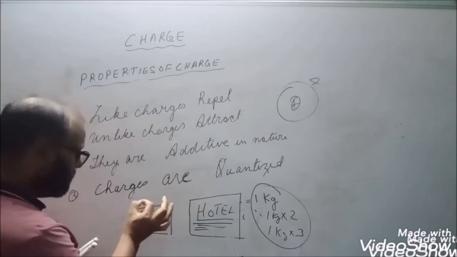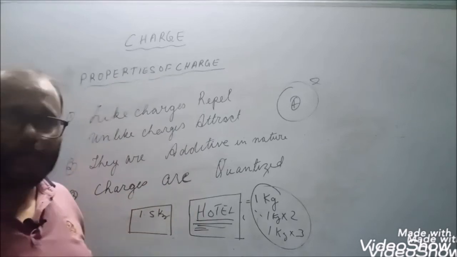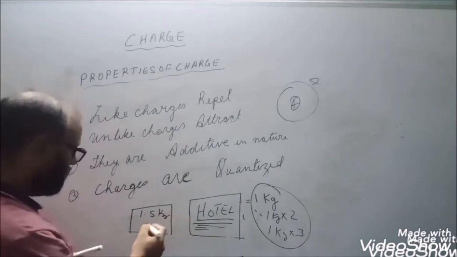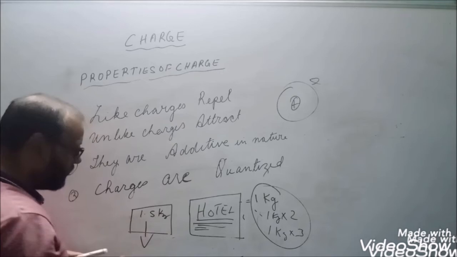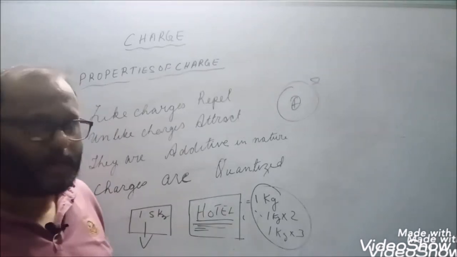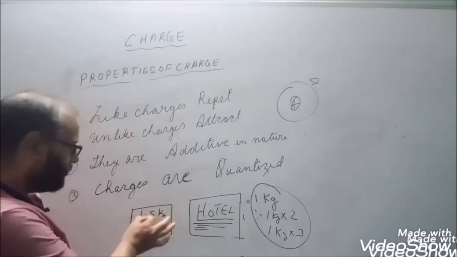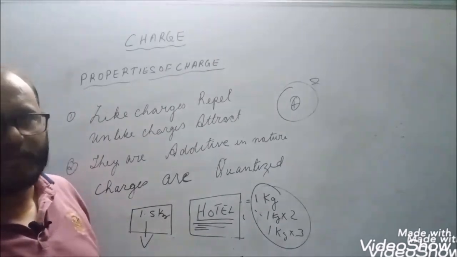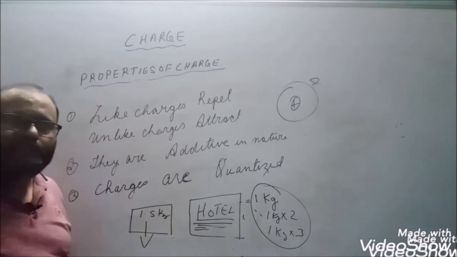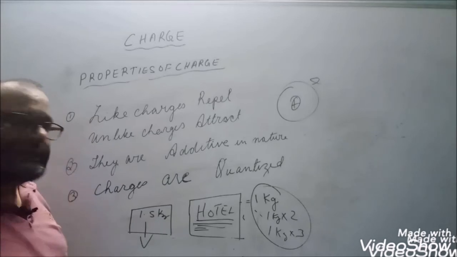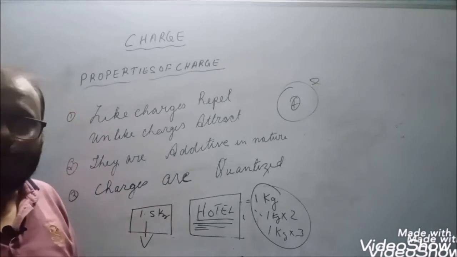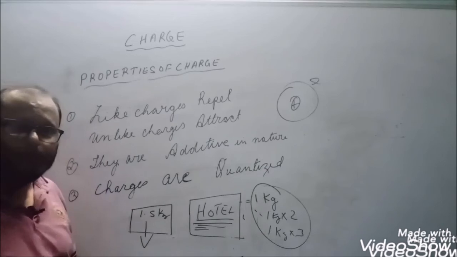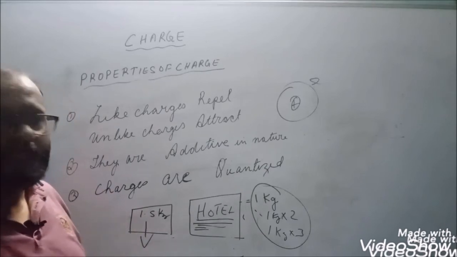So the minimum you can buy from this hotel is how much? 1.5. Now, if you ask in this hotel, I want to buy 2 kg, sorry, we can't give. How much can we give? 1.5. 3 kg is possible, take 2 packets of 1.5. 6 kg, fine, take 4 packets of 1.5. 7.5 kg, possible. But if you ask for half a kg, sorry, we don't.